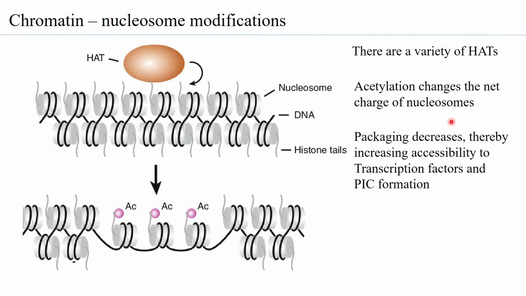Certain methylations do not do so, but most other modifications, so for example, when a phosphorylation is done, again you can see there is a change in the net charge on the nucleosome. So depending on how many acetylations, how many phosphorylations, how many methylations, you will have that kind of a net change in the charge of the nucleosomes. And that is definitely something that can affect the binding of the DNA to the nucleosome.